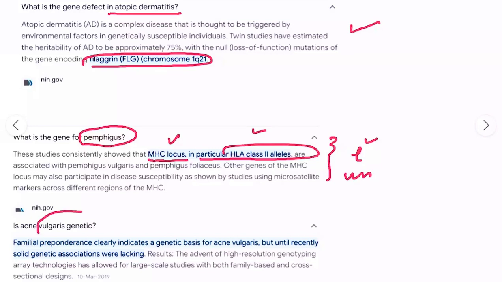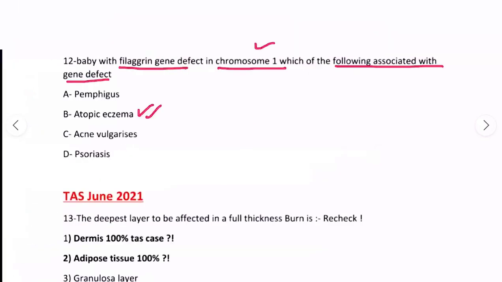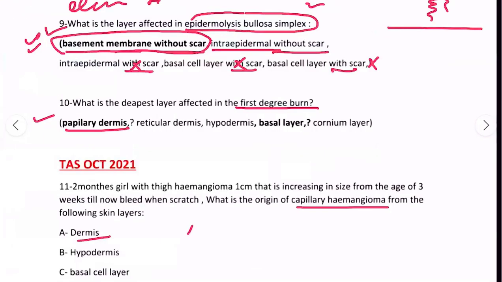What about acne vulgaris? First degree burns, sorry, what we have talked about? In the first degree burns, yes, sorry, this is the basal layer. I just took it, your superficial partial thickness. This is the basal layer, epidermis.